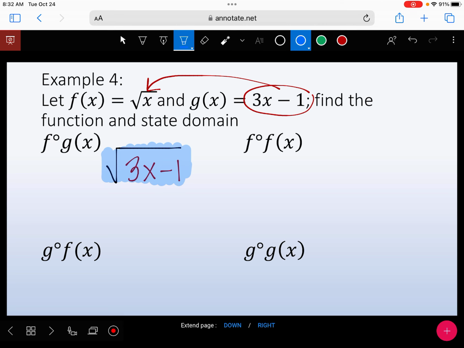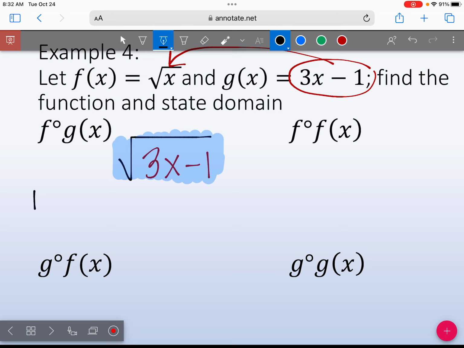So when we're writing our domain, 3x minus 1 has to be greater than or equal to 0, because you cannot take the square root of a negative. It has to be greater than or equal to 0. So go ahead and solve that for x.